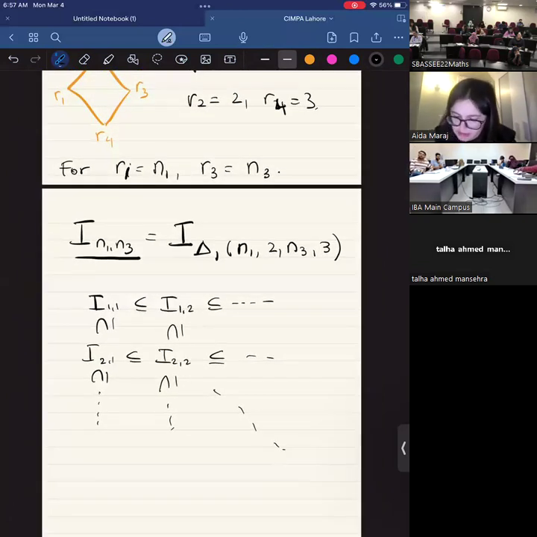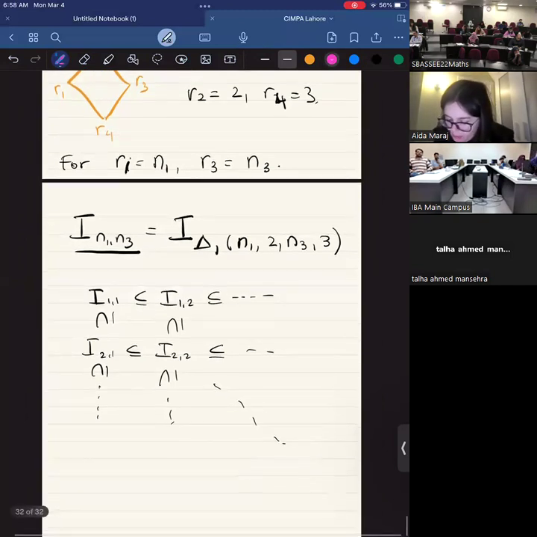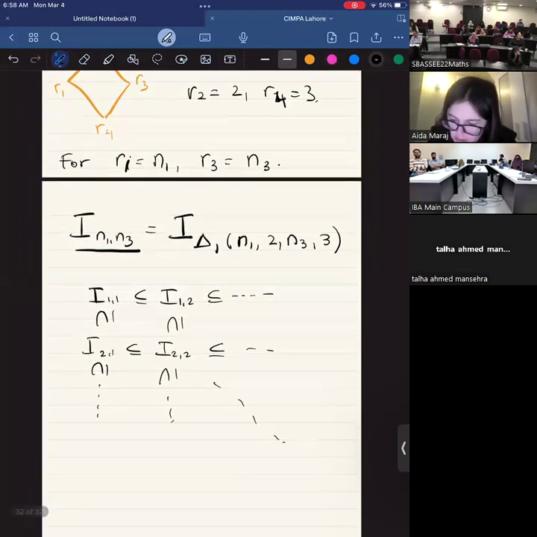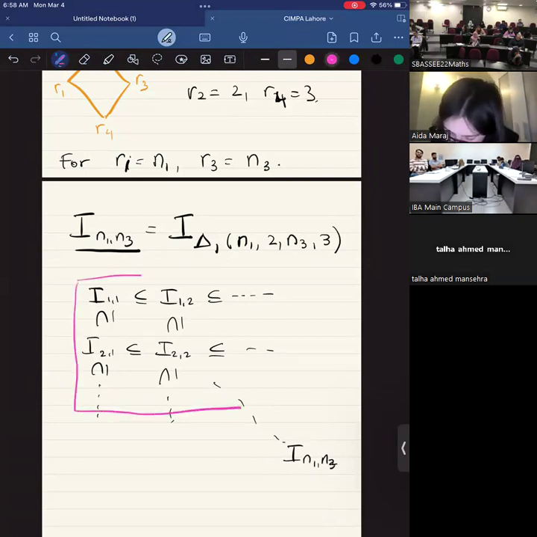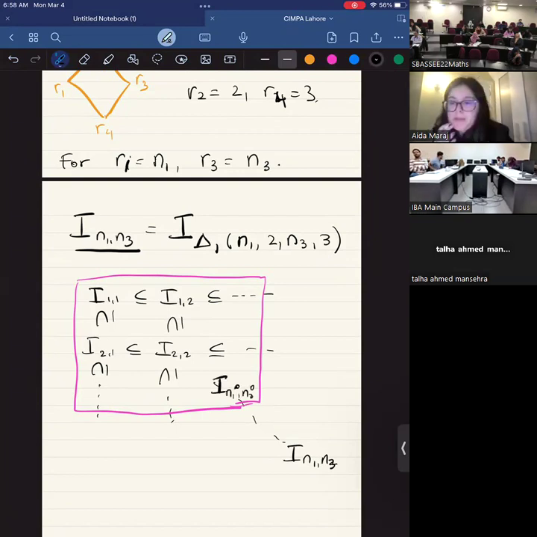In order to know what happens for I of N1 and N3 large, this theorem is saying I just need to know what happens in a smaller picture, some I of N1,0 and N3,0, smaller.